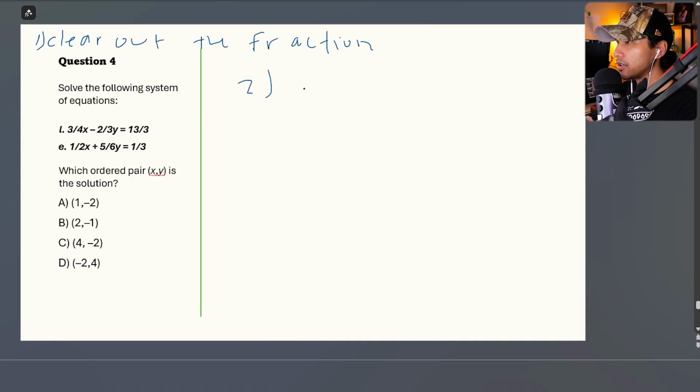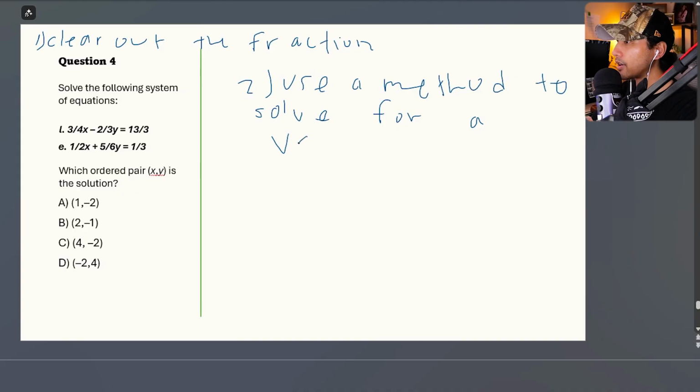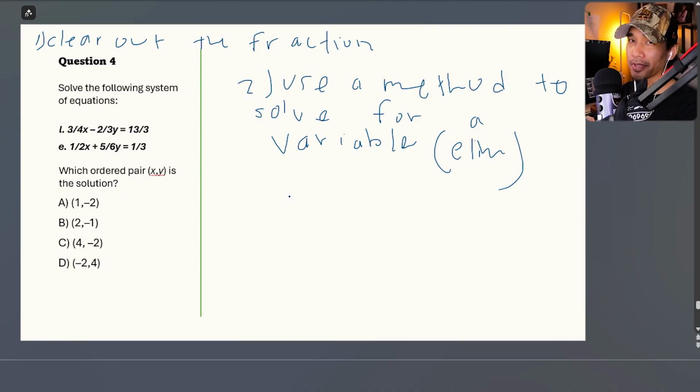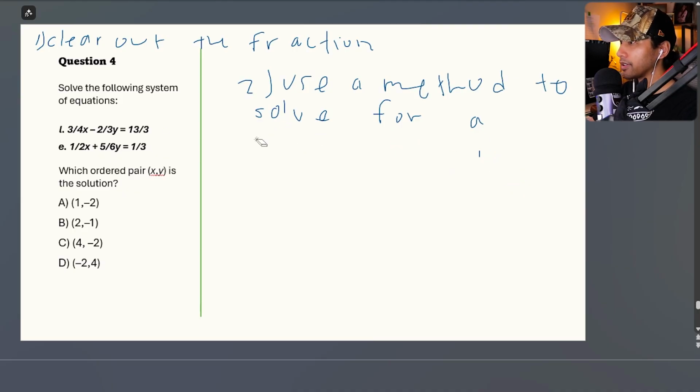Number 2, use a method to solve for a variable. In this case, most likely, it's going to be elimination. You could use substitution, but as you saw from the previous question, it's going to be difficult, but it can be used. Okay, so there you go.